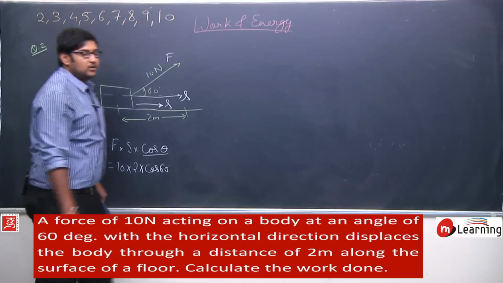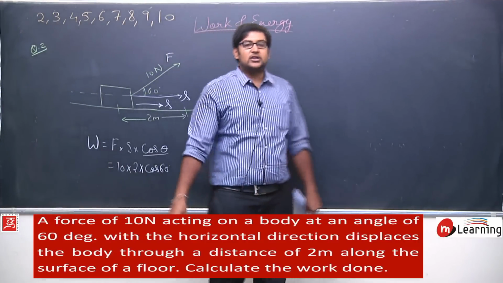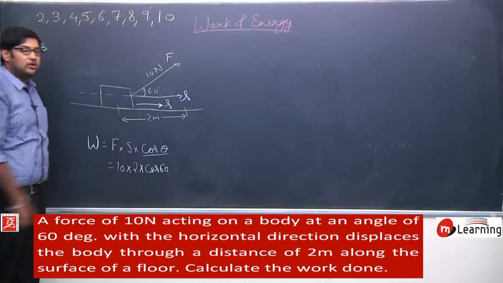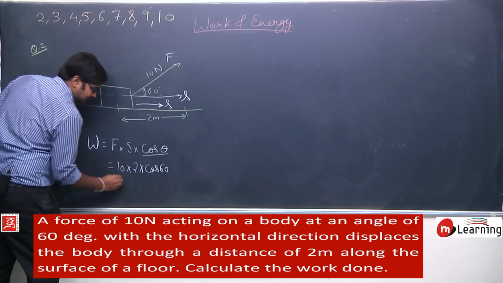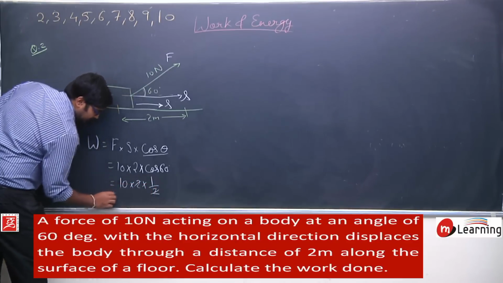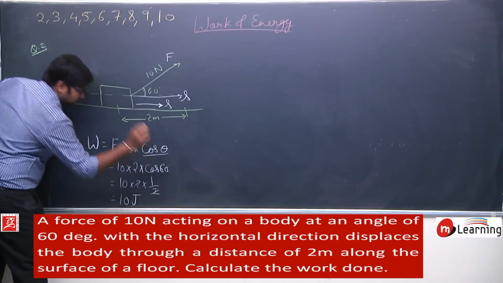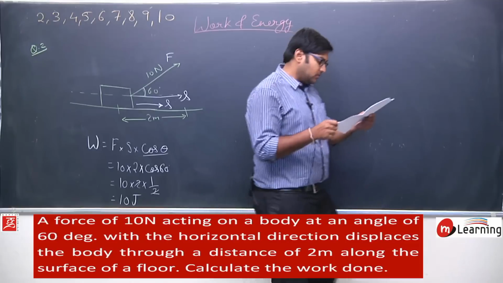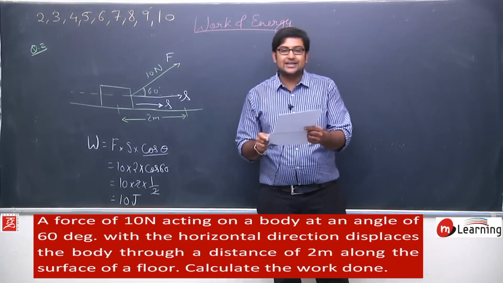In mathematics we have learned about trigonometry; these are called the trigonometric ratios. Cos 60 degrees is basically 1 upon 2. So solving this you will get 10 joules. So 10 joules is the work done by this force to displace this body.